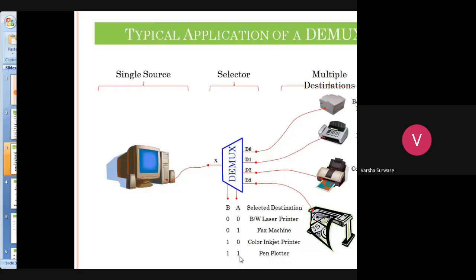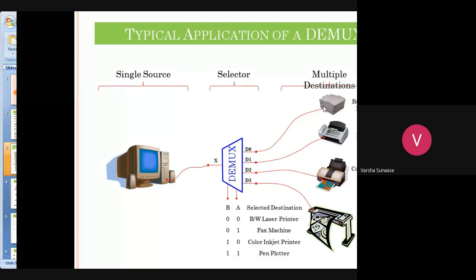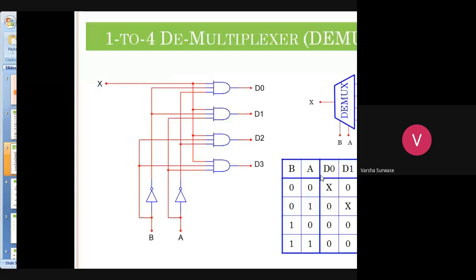When 11 is there, data will be sent to the pen plotter. So like this, this is the single source. Demux is like a selector. It will select one of the inputs and give it to the multiple destinations. So this is the function of the mux and the demux, right?